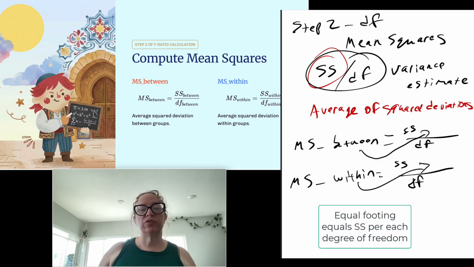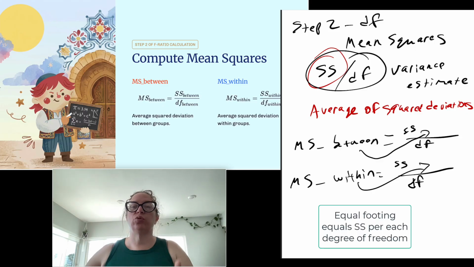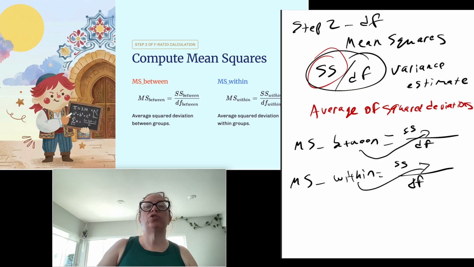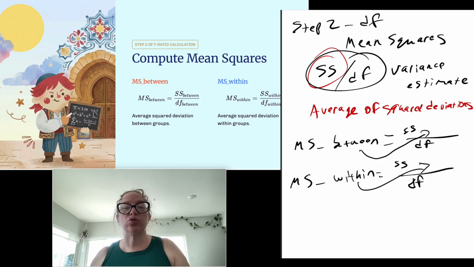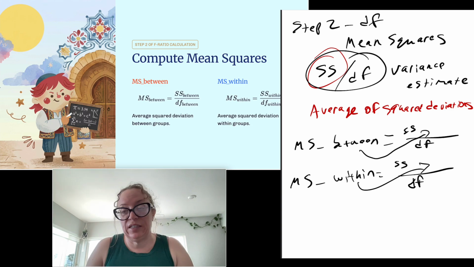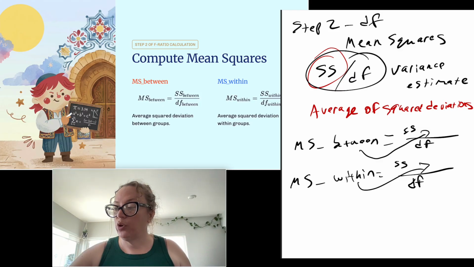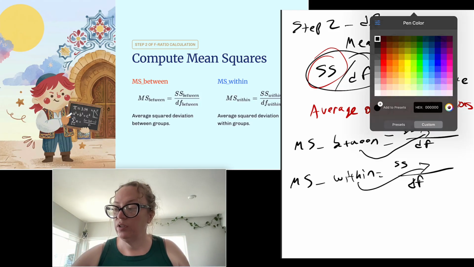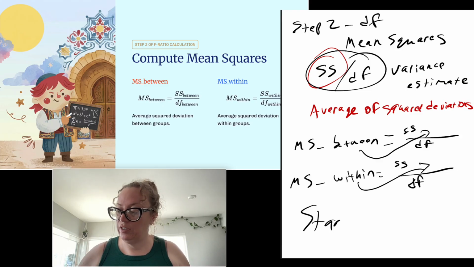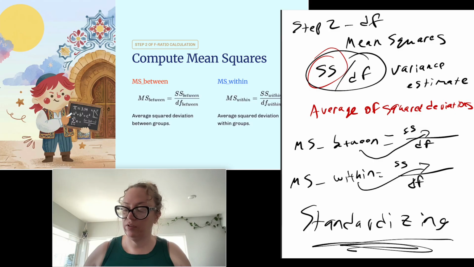So the mean squares between tells you how much groups vary, how loud the signal is, in a standardized way. The mean squares within tells you how much noise exists in a standardized way. So the whole point of step 2 is you are standardizing so that the two buckets can be compared.